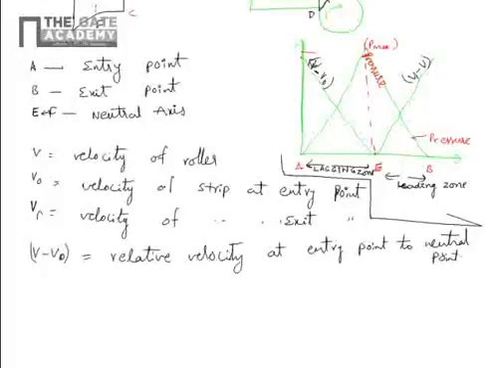The difference between the velocity of the strip and the velocity of the roller is called slip. Forward slip is the relative velocity from the neutral point to the exit point, and from the entry point to the neutral point is called backward slip.